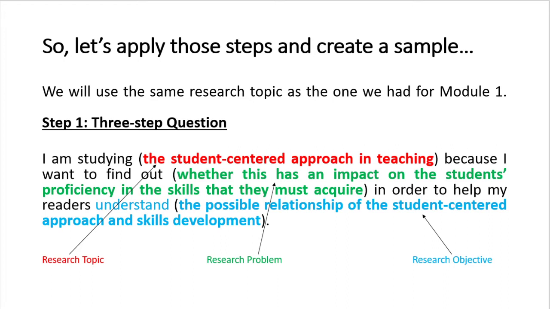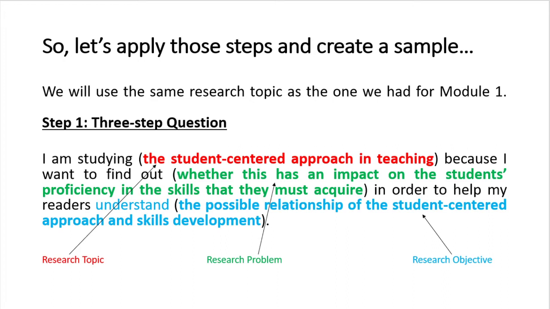Then we fill in the research problem. And the research problem was whether the student-centered approach in teaching has an impact on the students' proficiency in the skills that they must acquire for their careers. So we fill that in. In order to help my readers understand, and fill in the research objective.